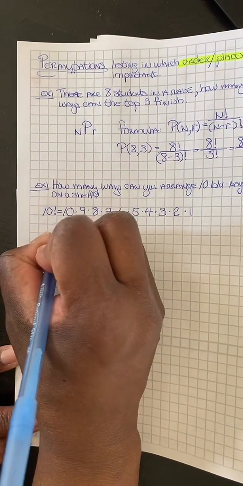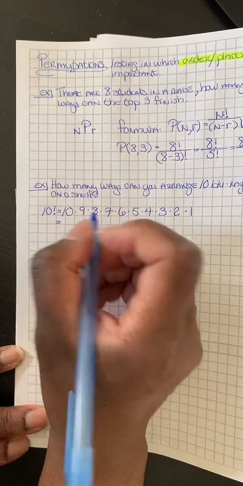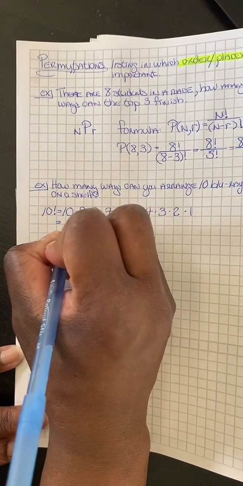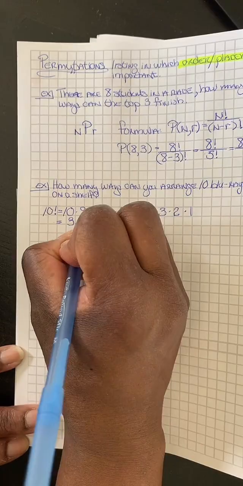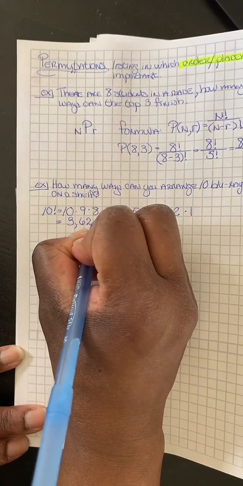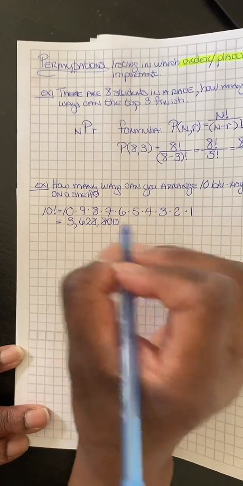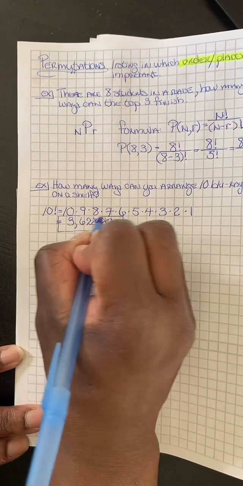So the different ways I have is 3,628,800. And you're thinking, but it's only 10, but seriously.